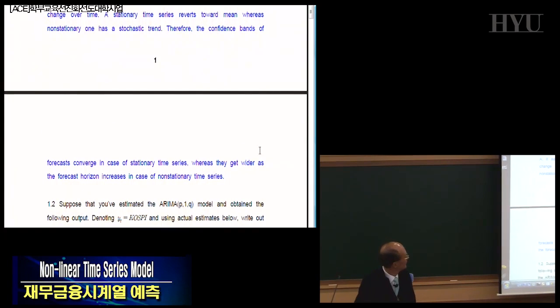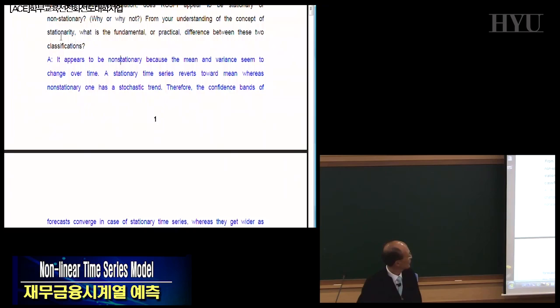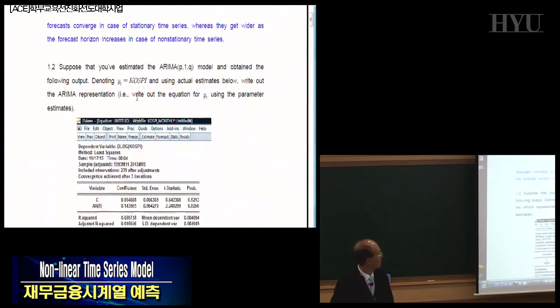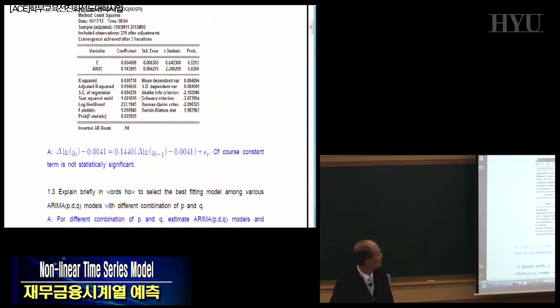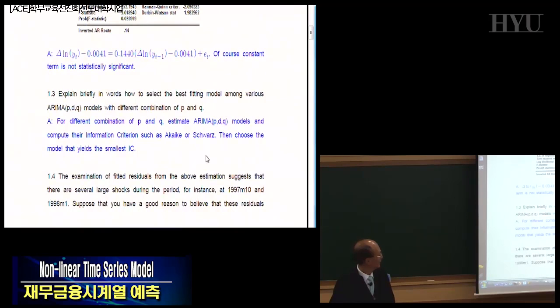Okay. So this question was about the concept of stationarity, and this one is to write this output in this representation. And something about information criterion.